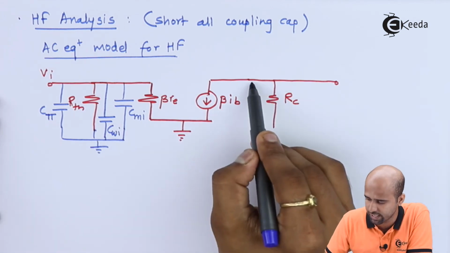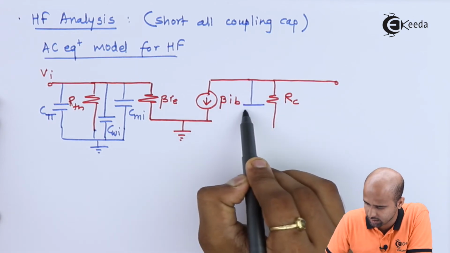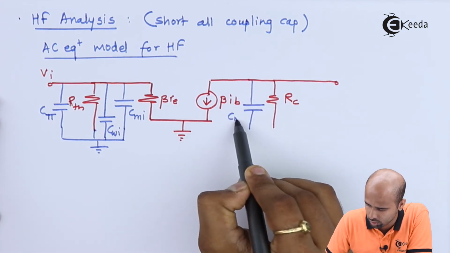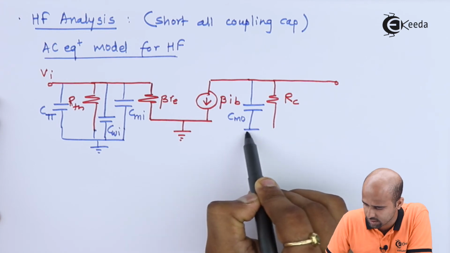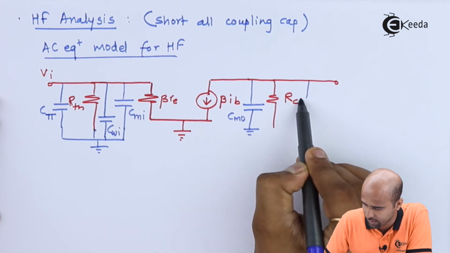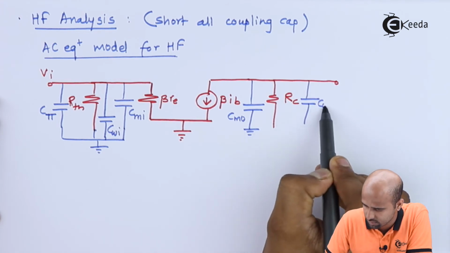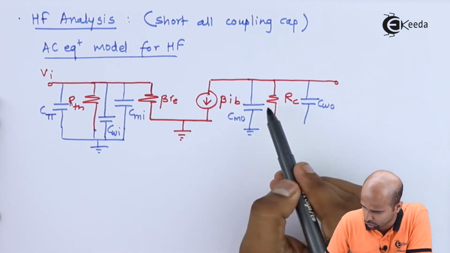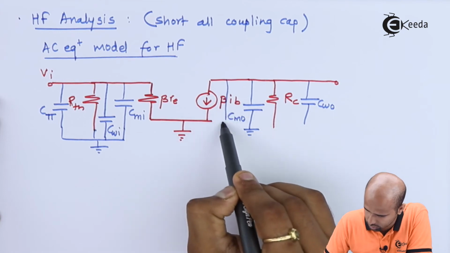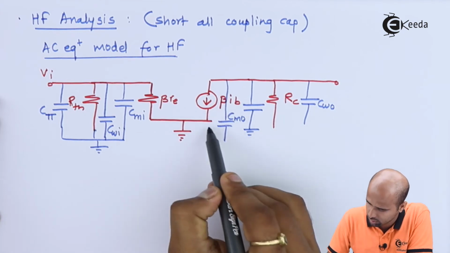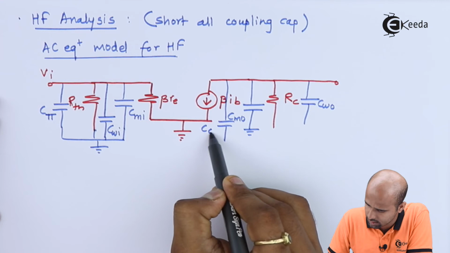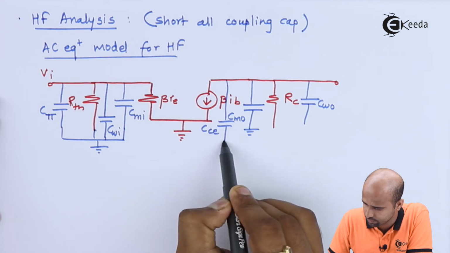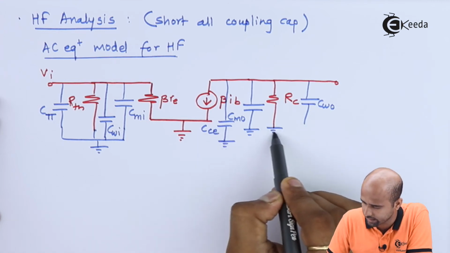Similarly at the output side we will be getting the CMO, Miller's output capacitance, one wiring capacitance, and another where I have to draw, that is CCE. All are connected in parallel.